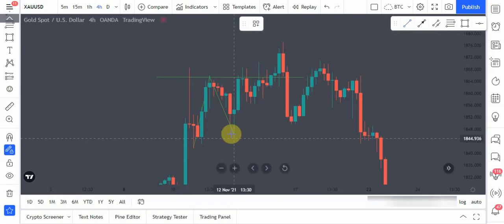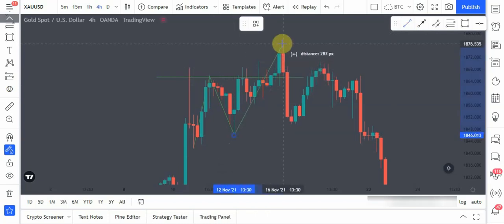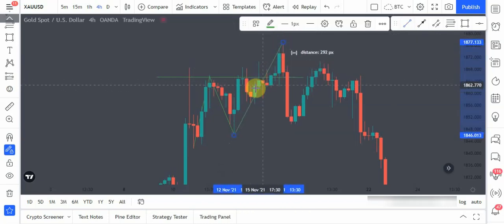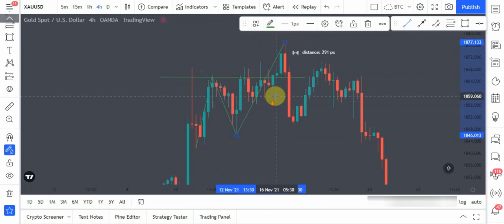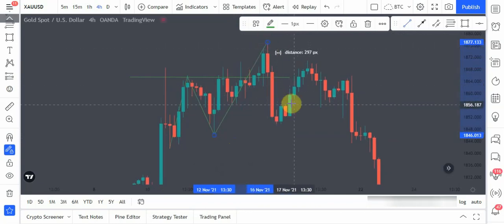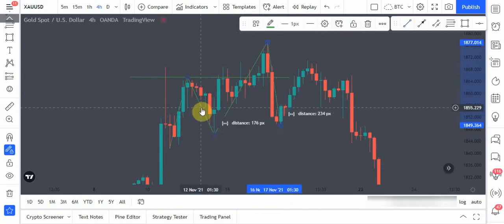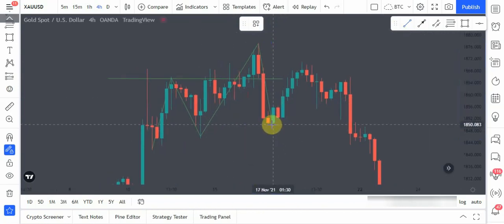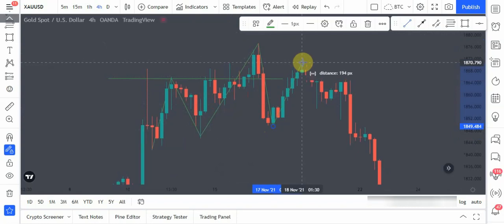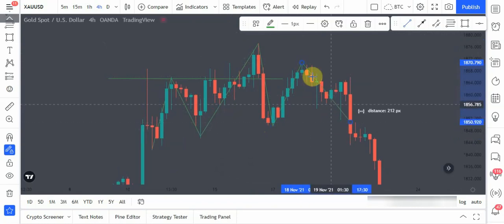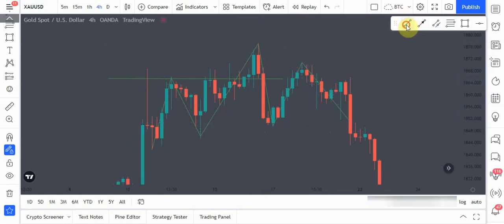And as a result, it can be seen here that this happens. Here is the head being formed. And after that, another pulling down to the neckline to shape the head wholly. And finally making the right shoulder or last peak at a lower level in comparison with the middle peak.